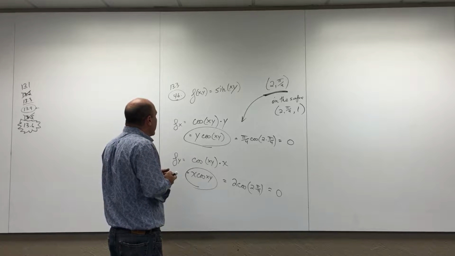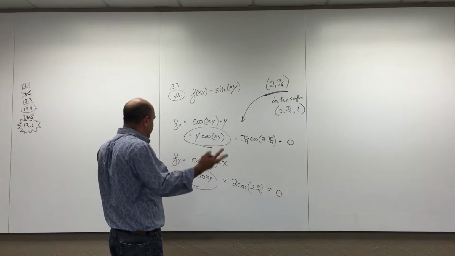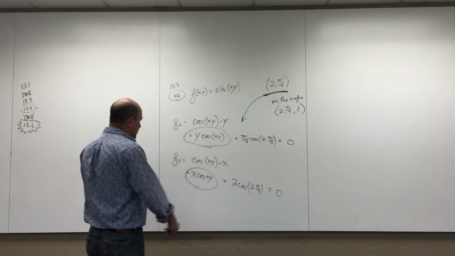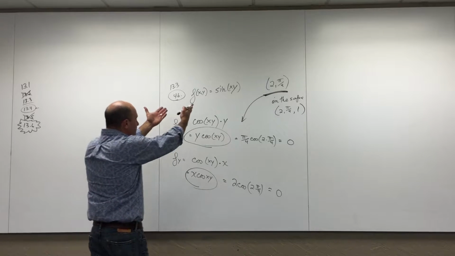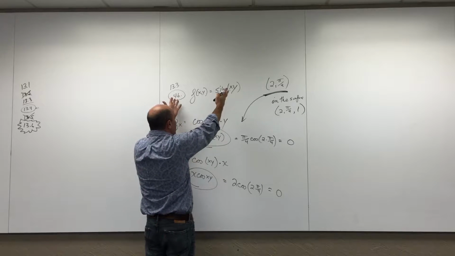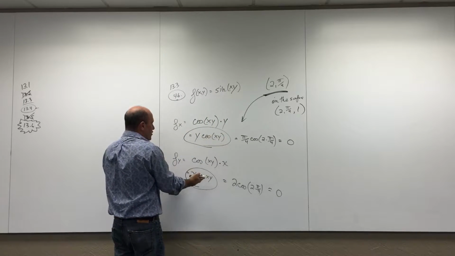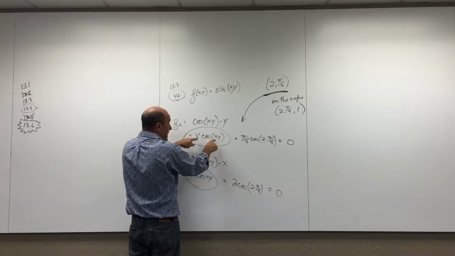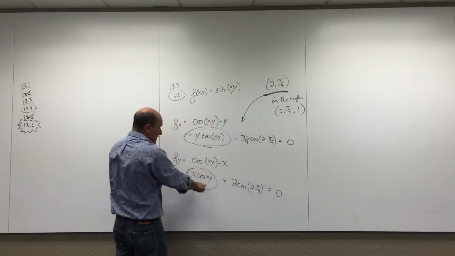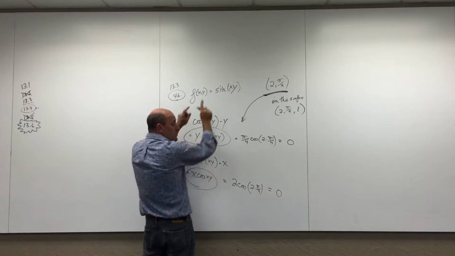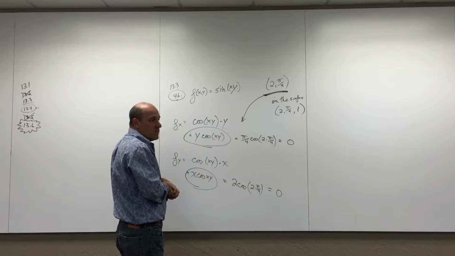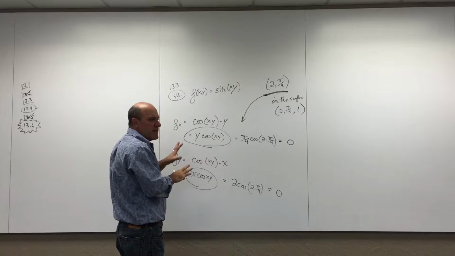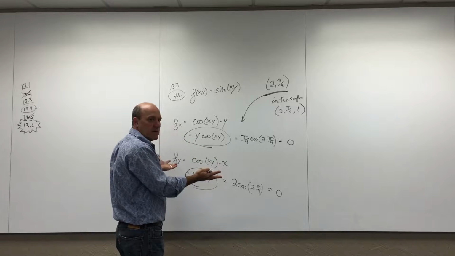For a little while here, I'm not talking vectors. There's no vectors here necessarily. I got a function. It's a scalar function. Its derivative is a scalar function. If you integrate with respect to x, you do get back to that. If you integrate with respect to y, you do get back to that. But I don't think I need to mention vectors in this context.